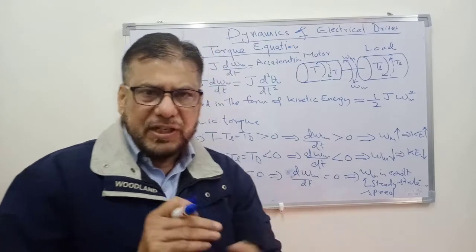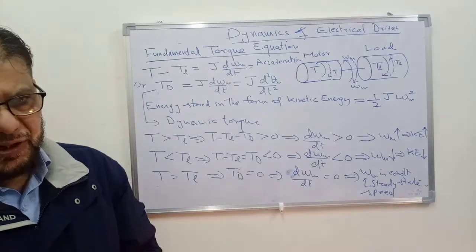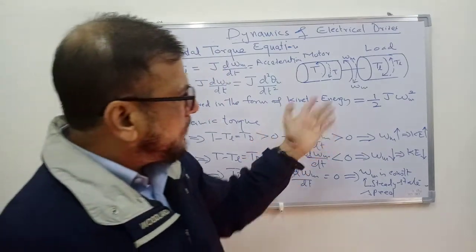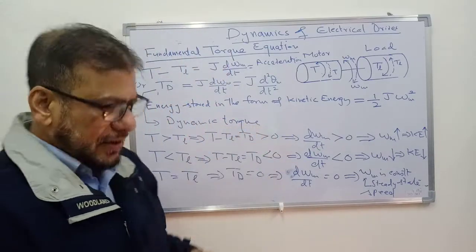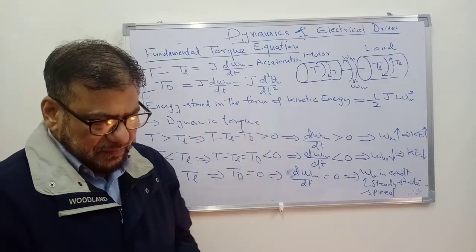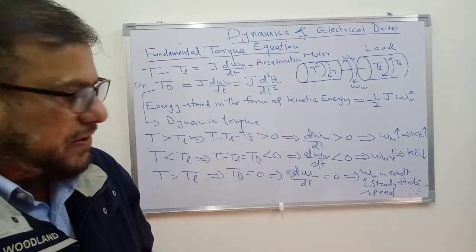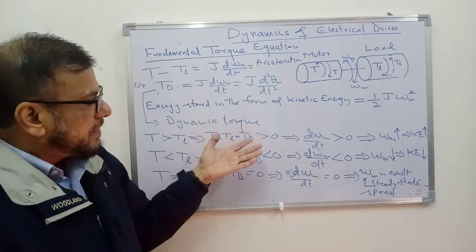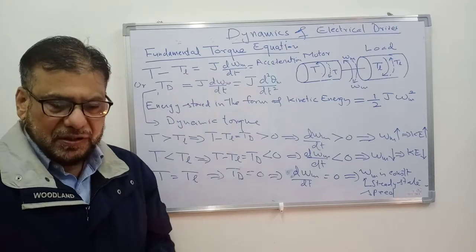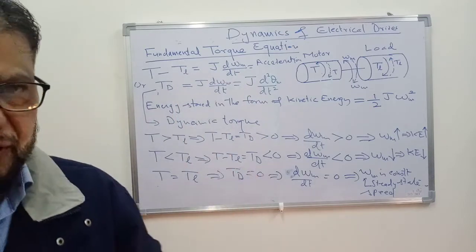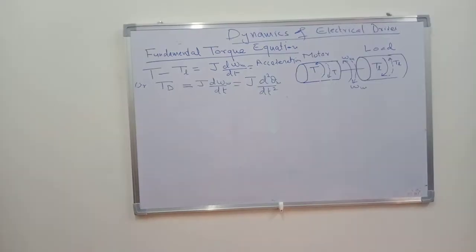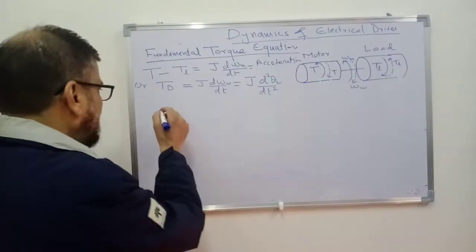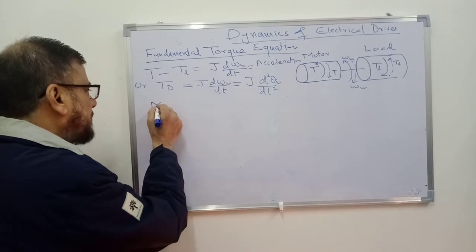So based on that you will have different conditions, different possibilities. There may be 4 possibilities of torque and speed directions. So we shall discuss this, that there will be various modes of operation. So there are different modes of operation.